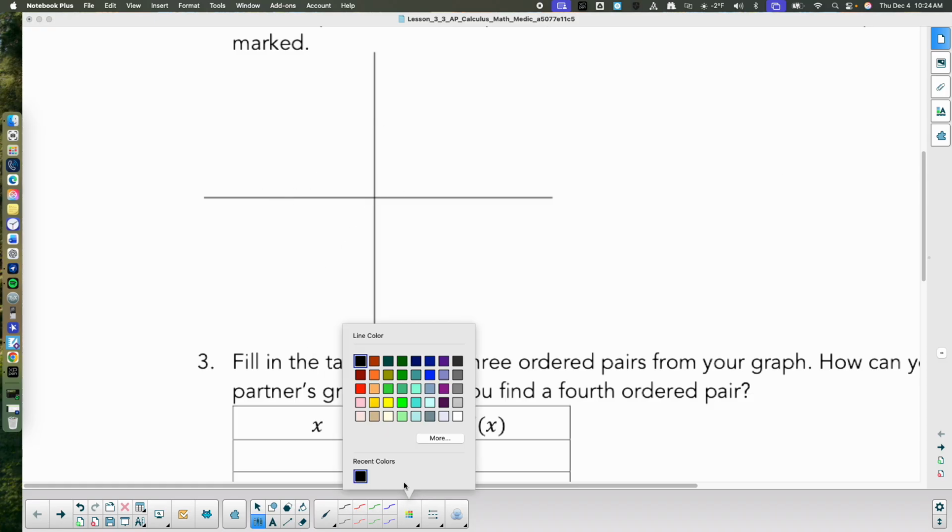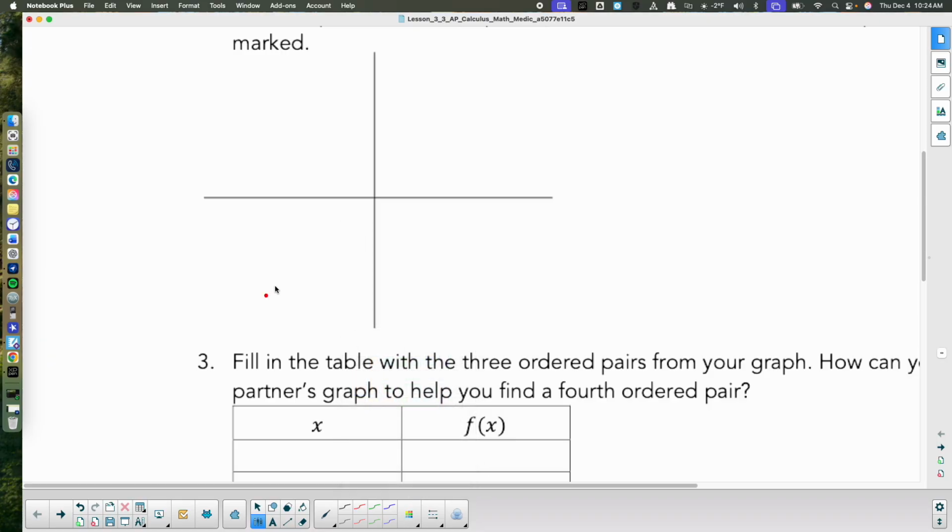So first thing, inverse is mirror image around y equals x. Okay, so if you have any random graph, let's do an exponential. That was a terrible graph. We'll go with it.